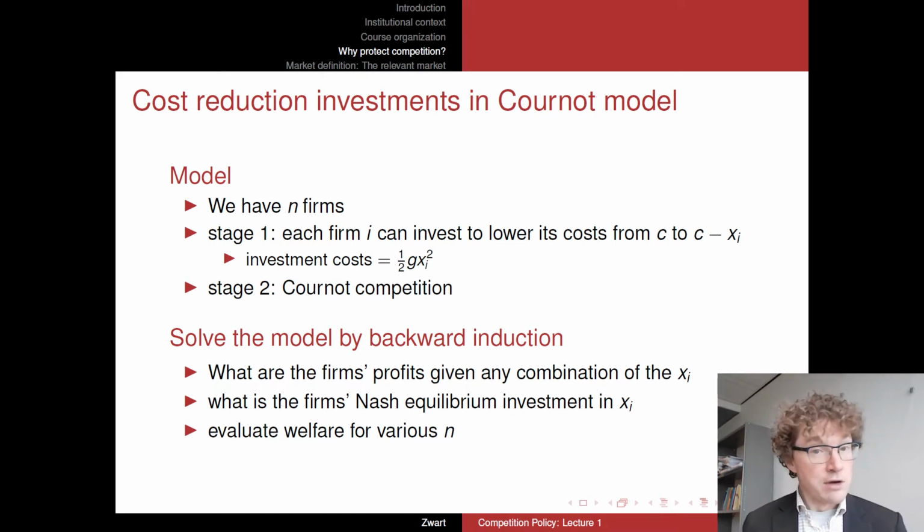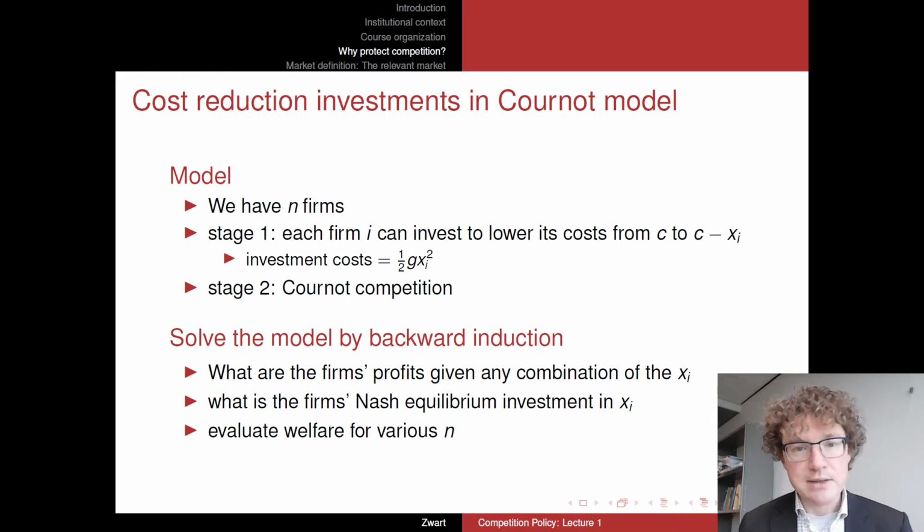So how do we solve such a game theoretic model? It's a two-stage model, and basically we're going to solve this model by backward induction. So first of all, we're taking as given some configuration of all these different x's, so they might be different for different firms, and we ask, in the Cournot equilibrium with the asymmetric costs, what are then each firm's profits, depending on this combination of different levels of cost reduction x for each of these firms.